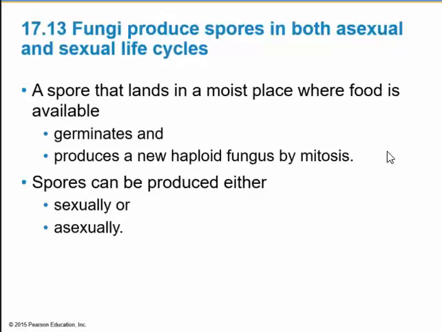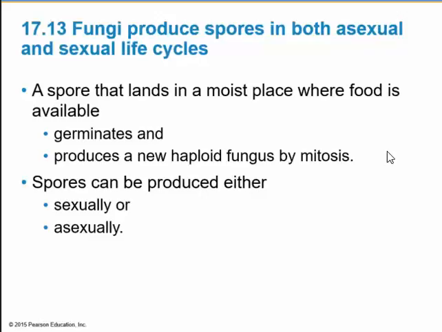The multicelled part of the fungal life cycle is haploid, and the diploid part, which is part of the reproductive cycle, is a single cell. So the spores are haploid. They germinate and grow through mitosis into a new mycelium.